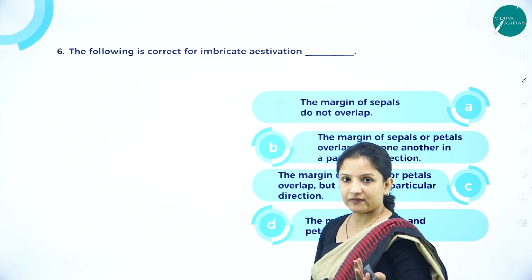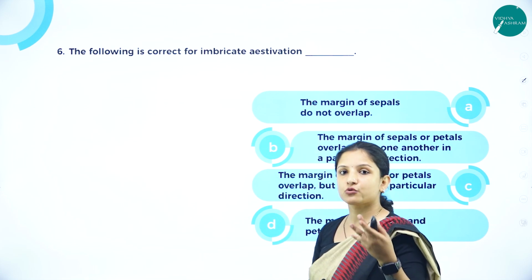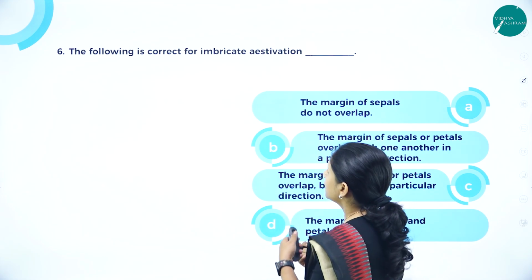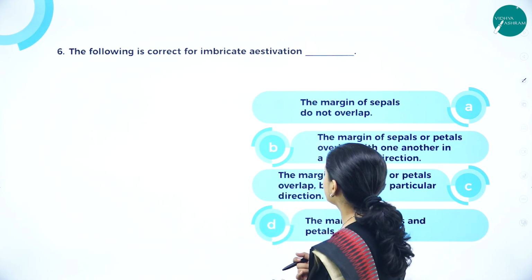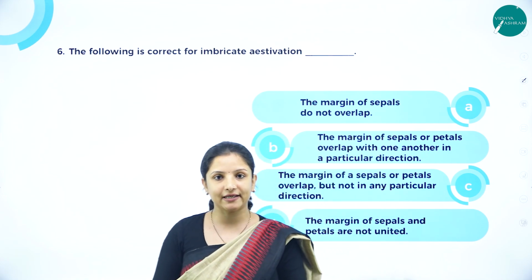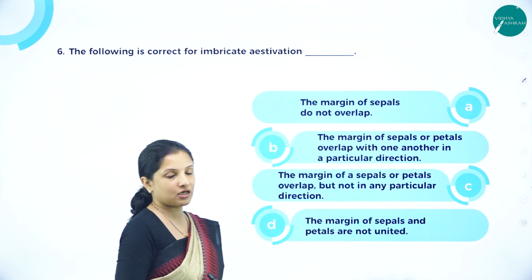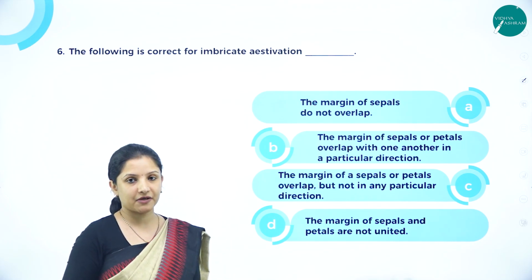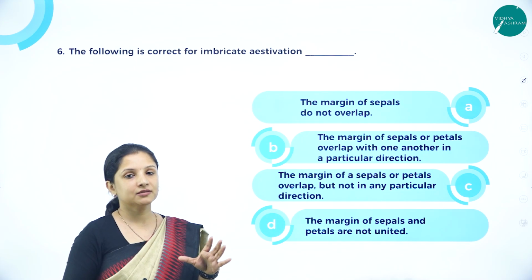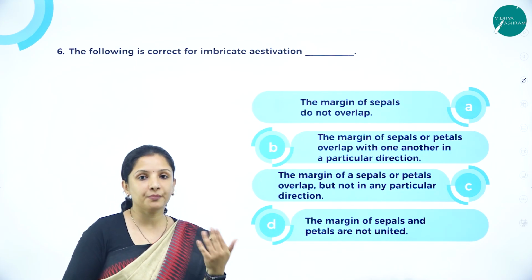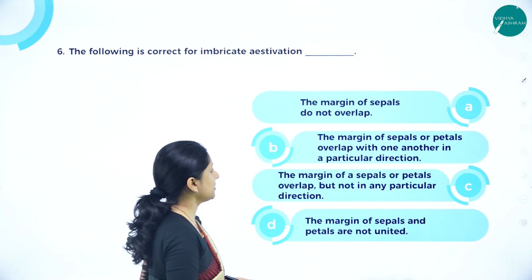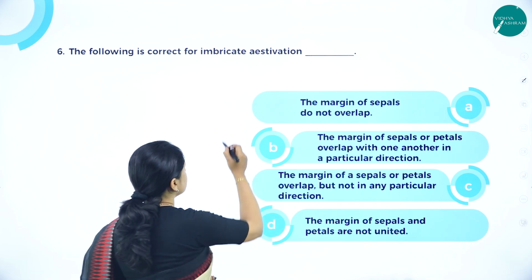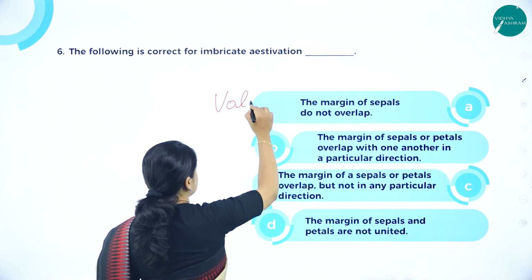We had seen in the previous session valvate estivation, twisted, imbricate. If not, you can see the previous session and understand it. The following is correct for imbricate estivation. Imbricate estivation means the sepals overlap but not in a particular direction. If the margins of sepals do not overlap, it is valvate estivation.